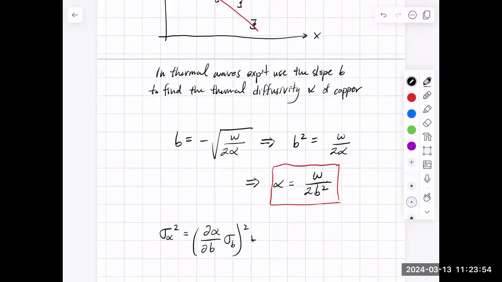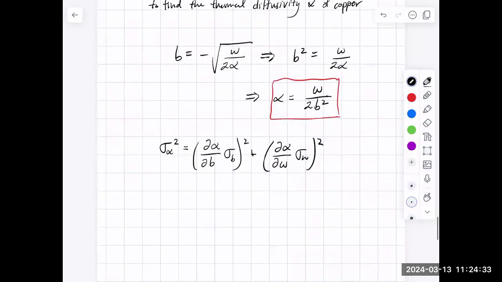And, you know, I guess in principle, we could have an uncertainty with our frequency, d alpha d omega times sigma omega squared. In practice, the frequency is set by a function generator, and we could set the frequency very accurately. So this is going to be very small compared to the uncertainty probably in the slope. And so in practice, we would probably ignore this term. But for the sake of completeness, we can include it.